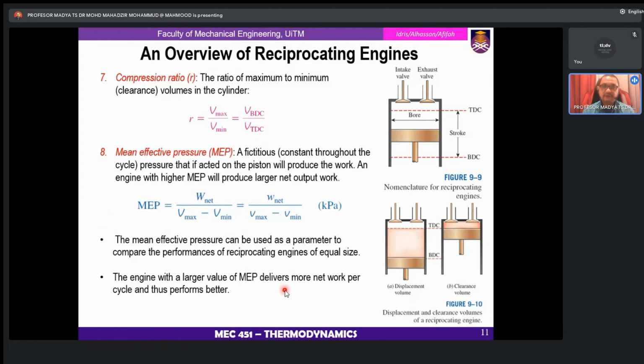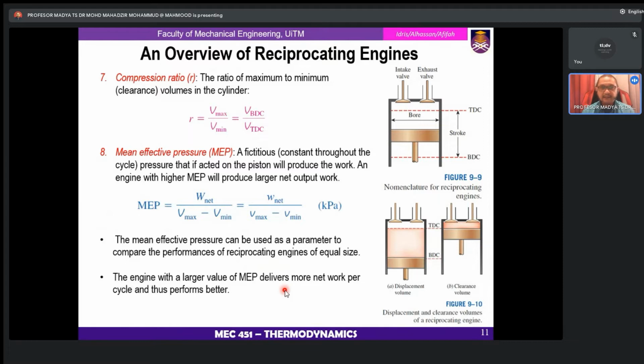The formula is the maximum volume over the minimum volume, so the volume at BDC over the volume at TDC. This is the compression ratio.